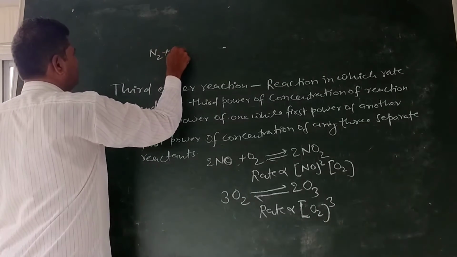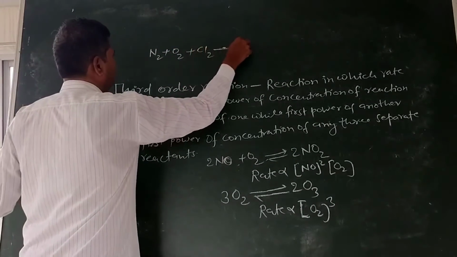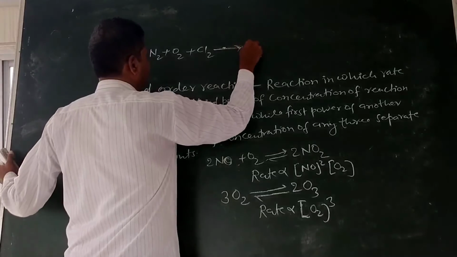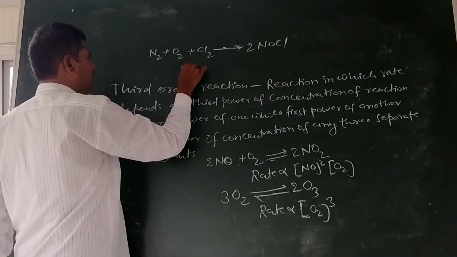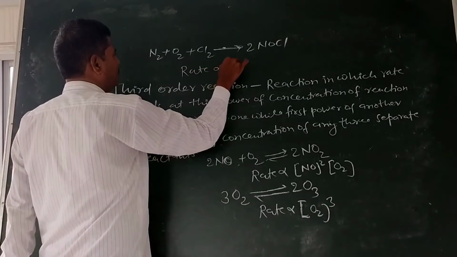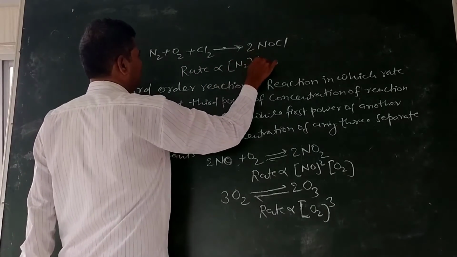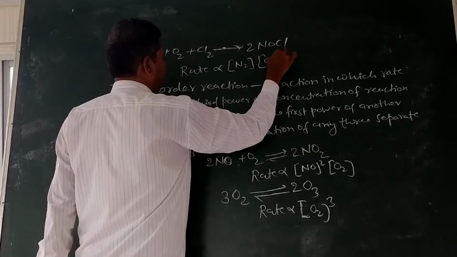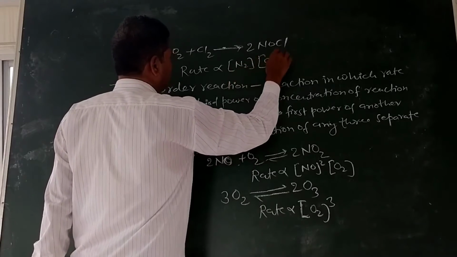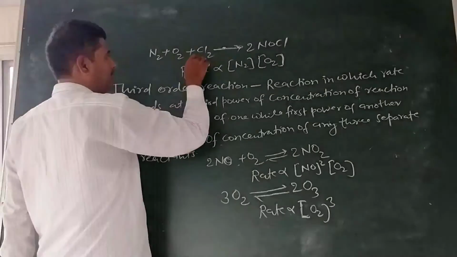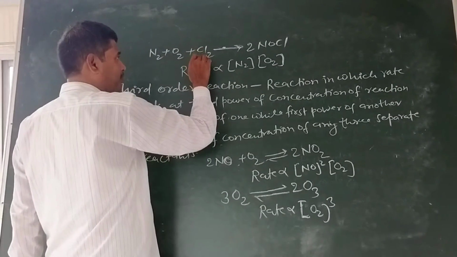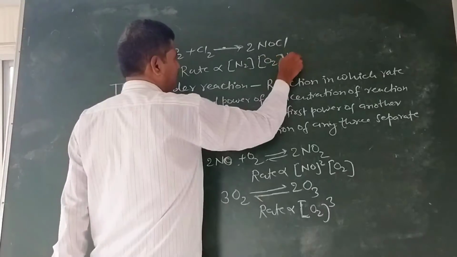N2 plus O2 plus Cl2 gives nitrosyl chloride, 2NOCl. Rate is proportional to first power of N2, first power of O2, and at third place Cl2, the first power of Cl2.